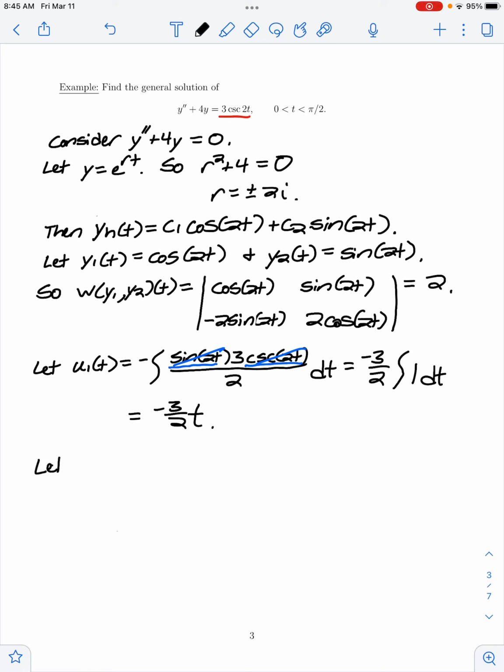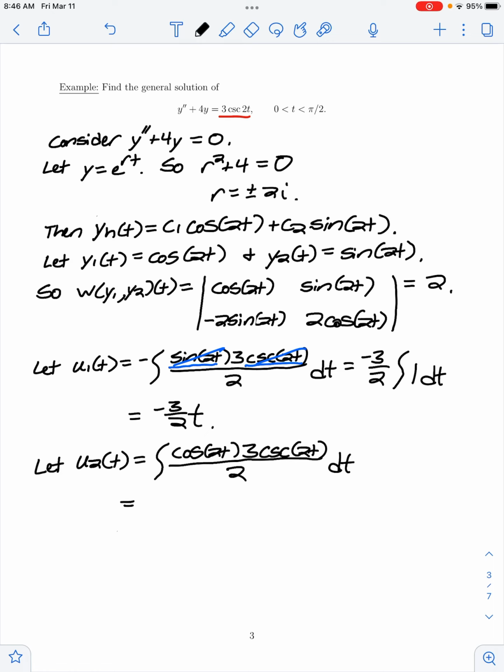And now let's find our u2 function. u2 is defined as the positive integral of y1, which is cosine of 2t, times g of t, which is the 3 cosecant of 2t, over the Wronskian, which we found to be 2, integrating with respect to t.